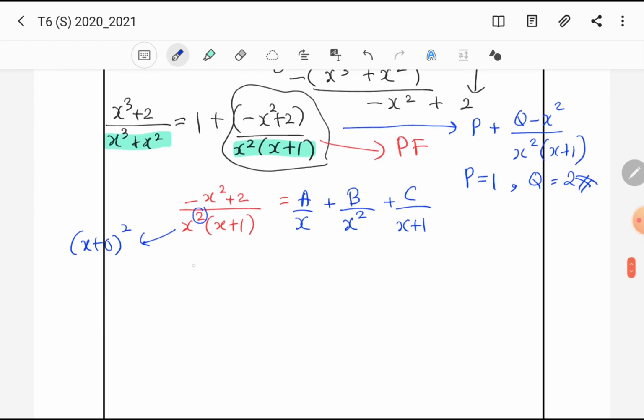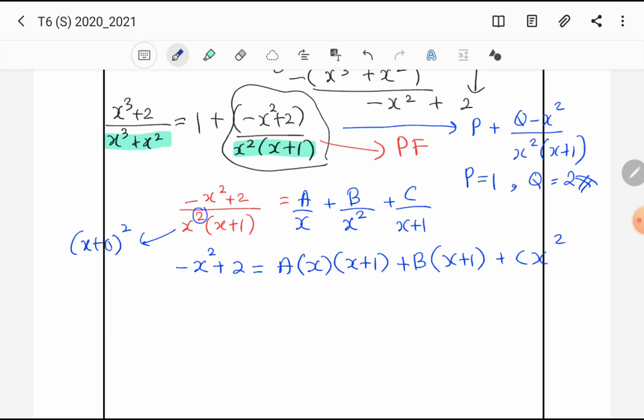Okay, next, equate the denominator. Negative x squared plus 2 equals to a times x plus 1 plus b times x plus 1 plus c times x squared.